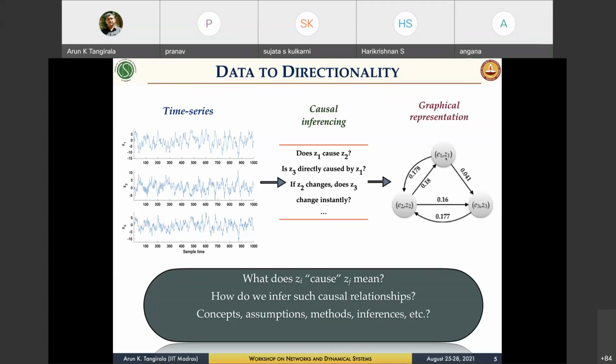What are the methods? Remember that you may be subscribing to one definition of cause, but there may be many ways of inferencing it. So do not confuse them.